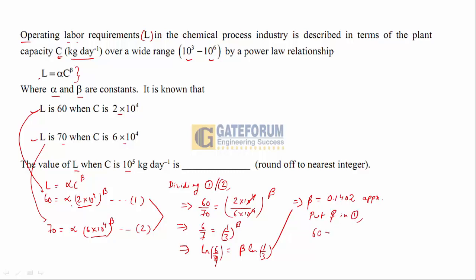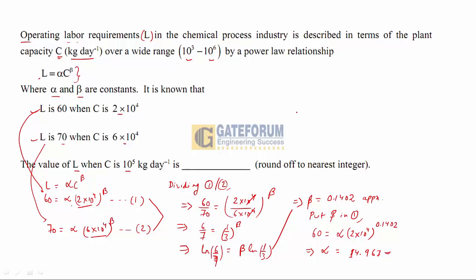So you will get 60 is equal to alpha times 2 into 10 power 4, to the power beta, which we have calculated just now as 0.1402. From this equation you will get alpha as 14.967 approximately. So what we have done is that two pieces of information were given to us and a relationship with two variables, alpha and beta. Using those two data, we have calculated our alpha and beta.